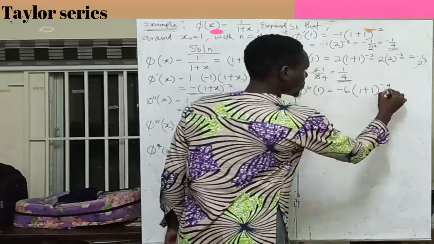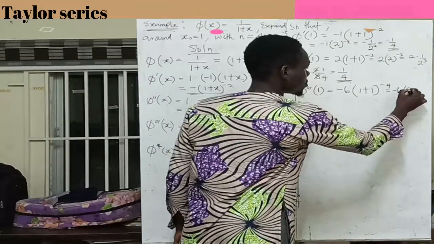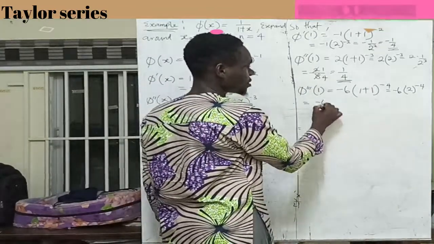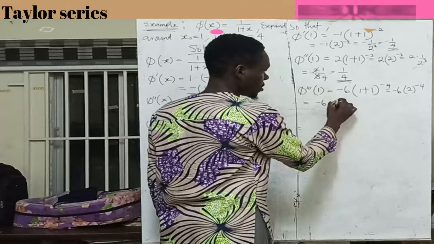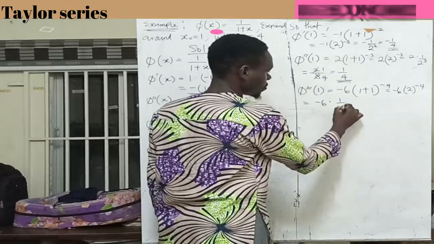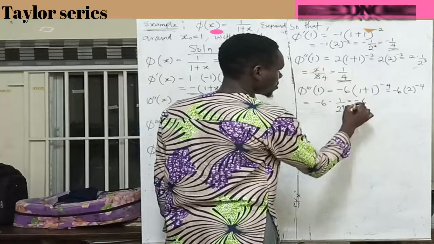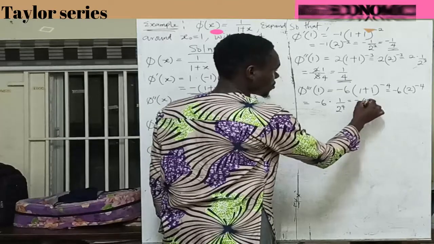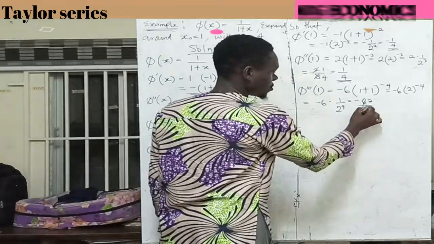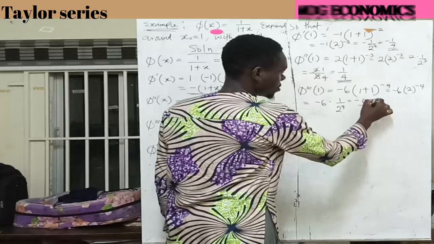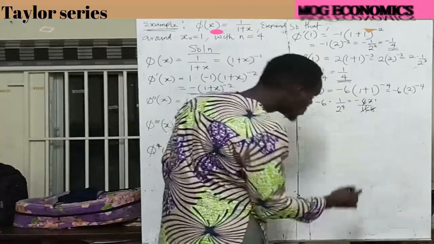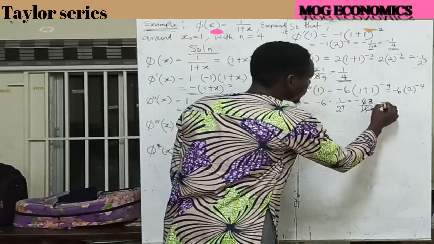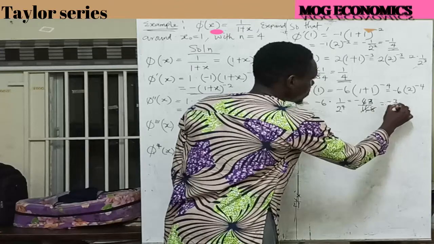So here we have minus 6, 2 raised to the power of minus 4, which is minus 6 over 2 raised to the power of 4, which is minus 6 over 16. So this can be reduced: 2 into 6 is 3, 2 into 16 is 8. So that's minus 3 over 8.